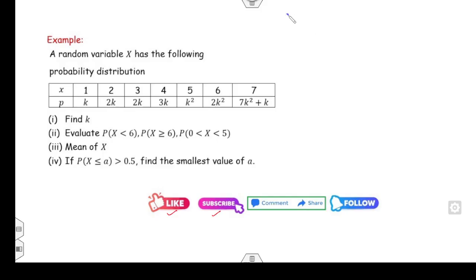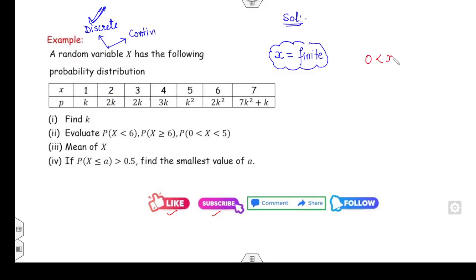Now let's start with the first solution. Given that a random variable x has the probability density function. First of all, whether it's a discrete or continuous random variable, how can you identify that? Clearly, what are the values of x? x is 1, 2, 3 and so on. So x values are finite. Whenever the values of x are finite, then it is always discrete.